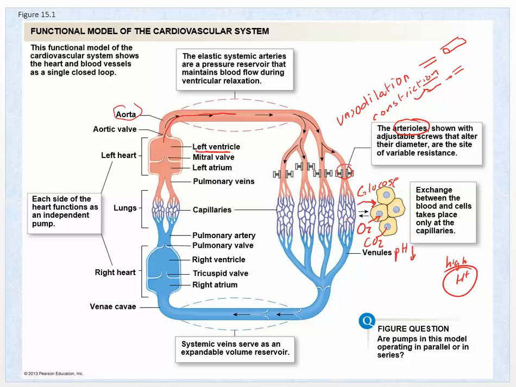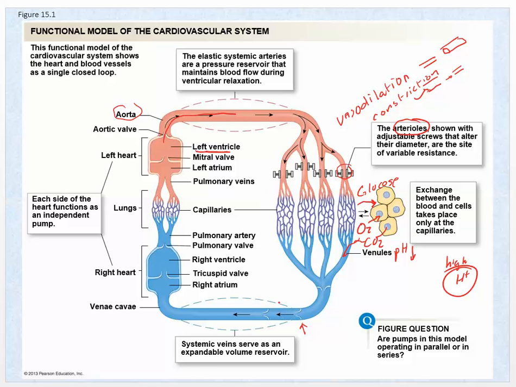So that's why the color change happens here, because you go from oxygenated blood and then it gives up that oxygen, and then it's deoxygenated blood, and of course that's rich, if you want to call it that, in a waste product, a lot of carbon dioxide. And then it goes over here through the venules, which are small veins. Then it moves through the larger veins, and a lot of the blood flow through the larger veins is because of these one-way valves, because the pressure is very, very low in these areas.